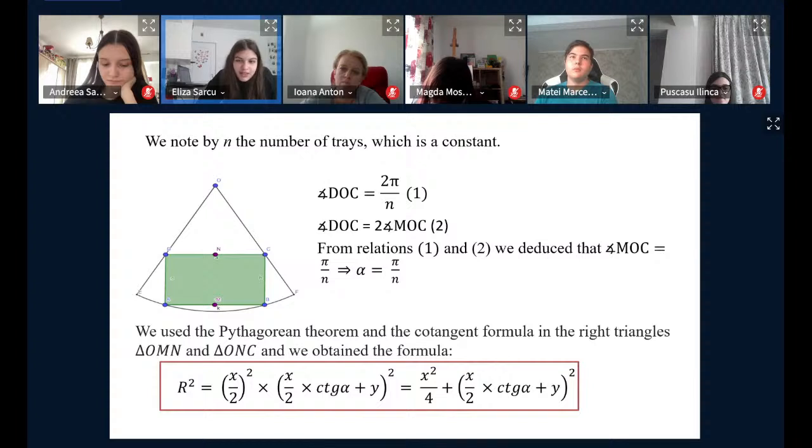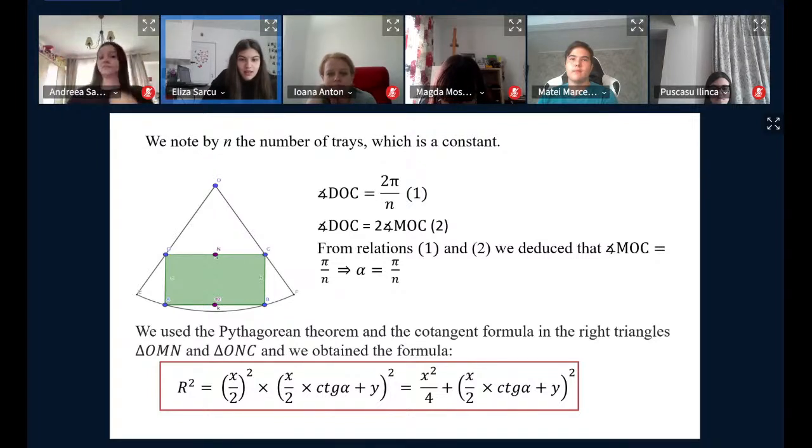From relations 1 and 2, we deduce that angle MOC equals pi over n, and that means that alpha equals pi over n. We used Pythagoras theorem and the cotangent formula in the right triangles MON and NOC, and we obtained the formula R squared equals x squared over 4 plus (x over 2 times cotangent of alpha plus y), everything squared.